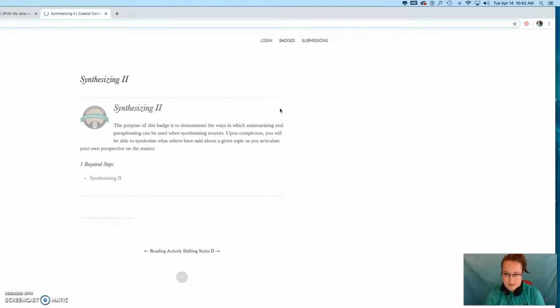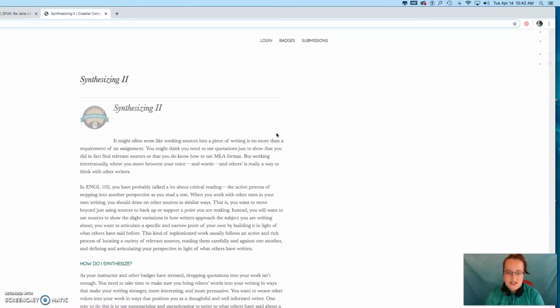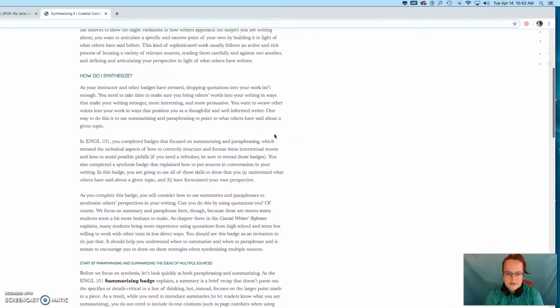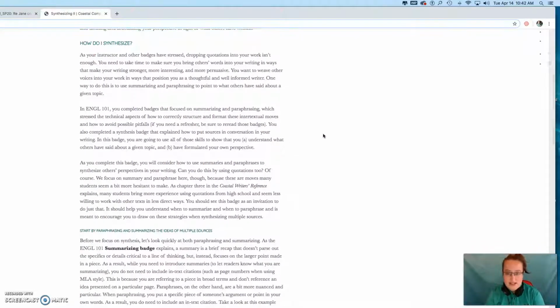So we're going to click here so we can see all the directions. If you took English 101 at Coastal Carolina University last semester or previously, you've probably done the Synthesizing 1 badge.